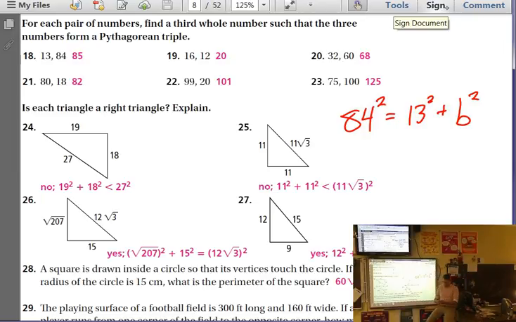I would do my 84 squared, my 7056 minus my 13 squared. This gives me 6887 would equal b squared. And when I square root that, we get 82.98795093. Does not work.